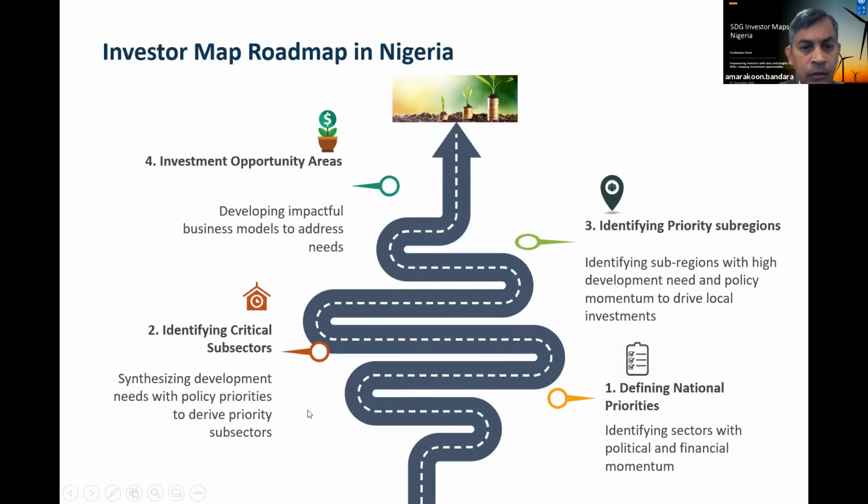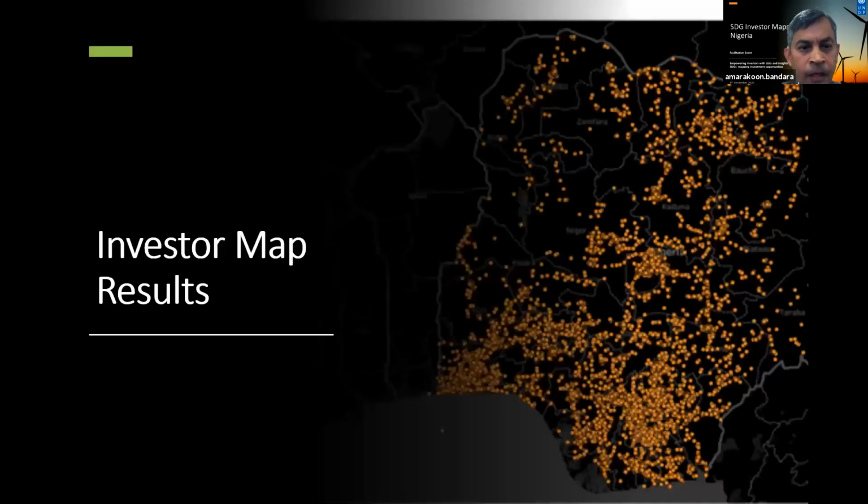And then we identified critical sectors and subsectors in consultation with government and other stakeholders, and also the priority sub-regions, before we pinned down some of the investment opportunity areas through the consultative process.